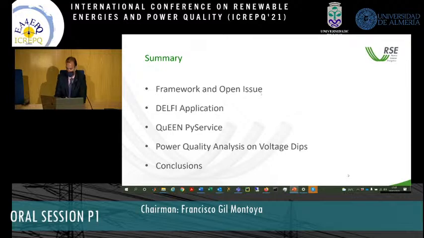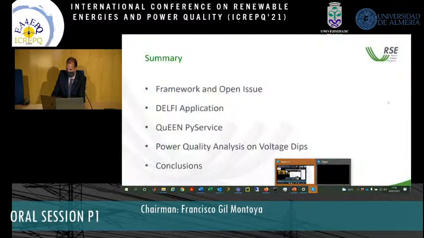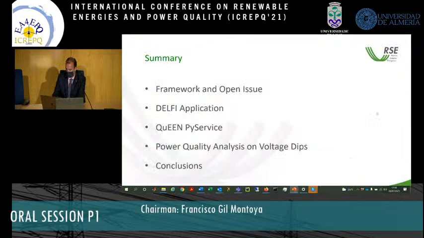Then we present the Delphi application, an application developed by my research group, and how this application for voltage dips validity identification is integrated with the QueenPy service and in our database. Then we perform some power quality analysis, and we can go to conclusion.